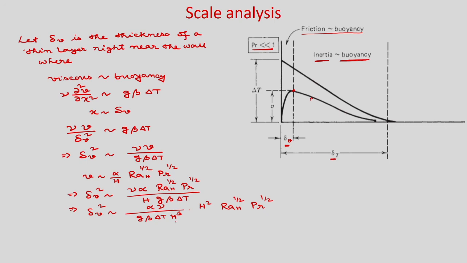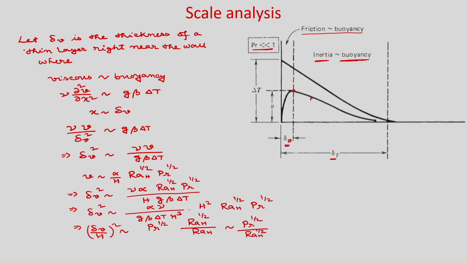Okay. So, here you can see this you can write as Rayleigh number. So, delta V by h square you can write as Prandtl number to the power half, Rayleigh number to the power half, and this term is Rayleigh number. So, you can write as Prandtl number to the power half divided by Rayleigh number to the power half.